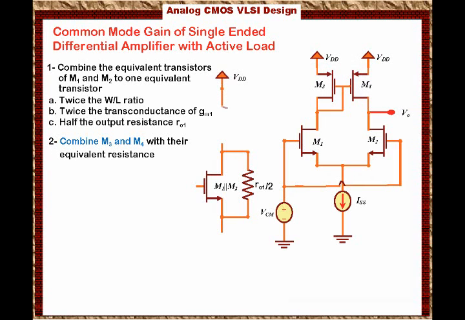This equivalent resistance will equal 1/gm3 in parallel with RO3 in parallel with RO4 in parallel with 1/gm4. Basically, the equivalent resistance of M3 is 1/gm3 in parallel with RO3, which is in parallel with the equivalent resistance of M4, which is RO4 in parallel with 1/gm4.